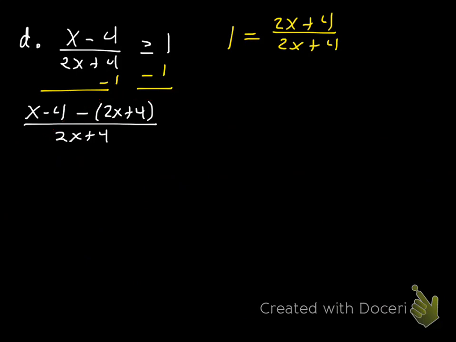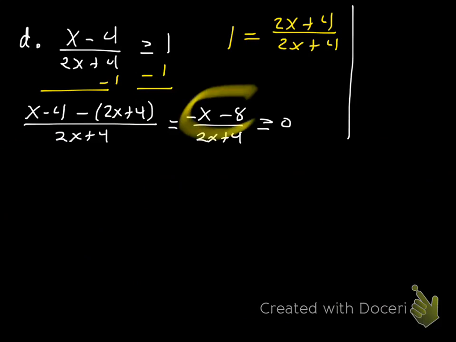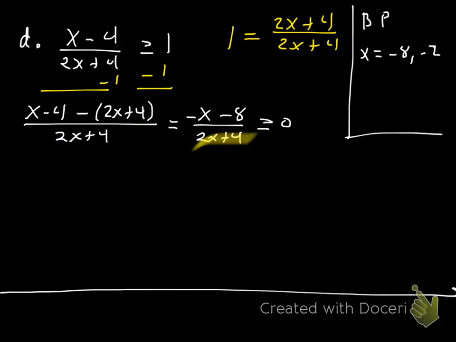We can go ahead and simplify this, and then it turns into a lot like the previous problem. We need to set the numerator and denominator equal to 0. Negative x minus 8 is going to be equal to 0 when x is -8. And then in the previous example, we had the same denominator, and that was equal to 0 at -2.